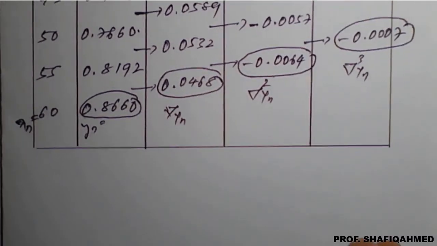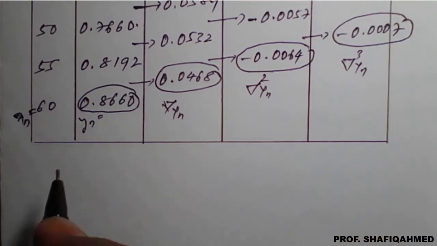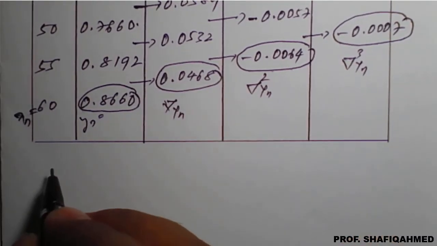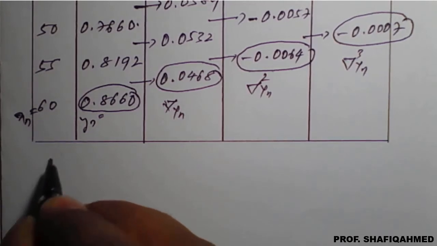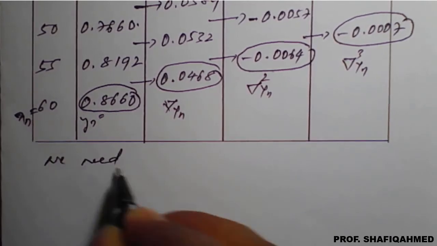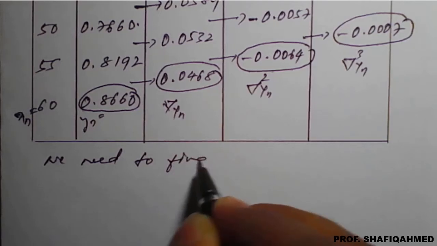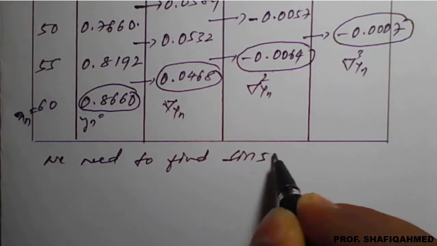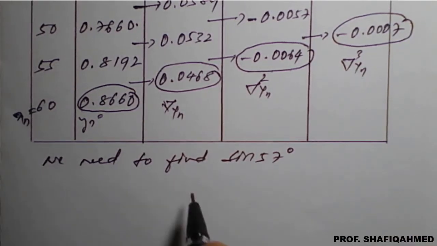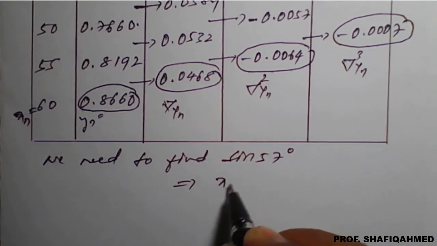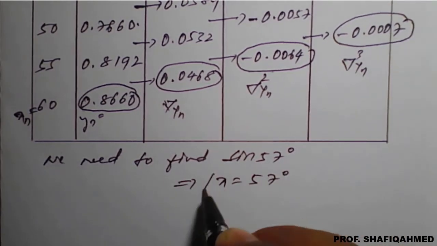Now with the help of this we'll go for the backward formula. We need to find sine of 57 degree, which implies x value is equal to 57.